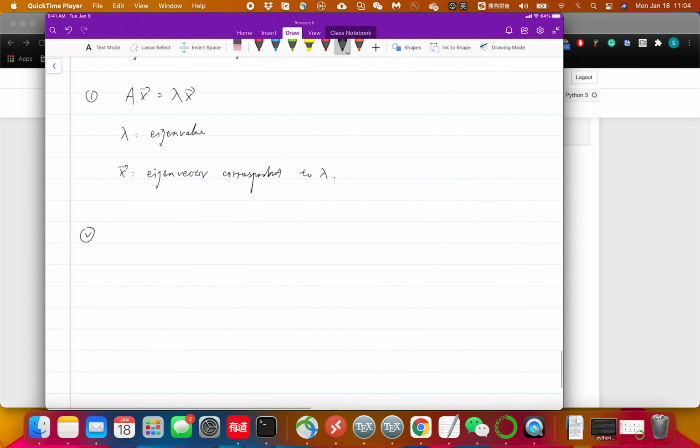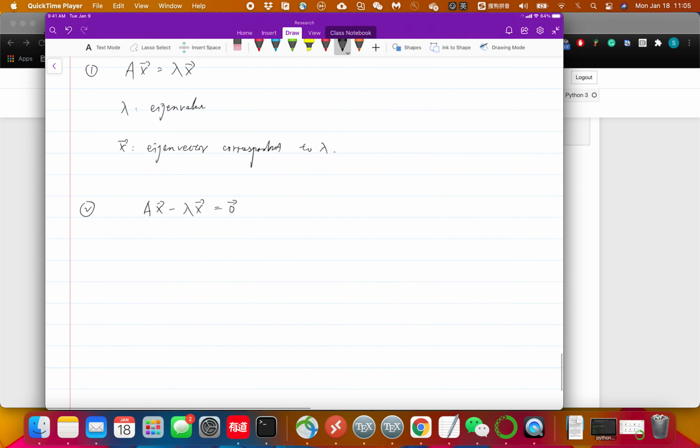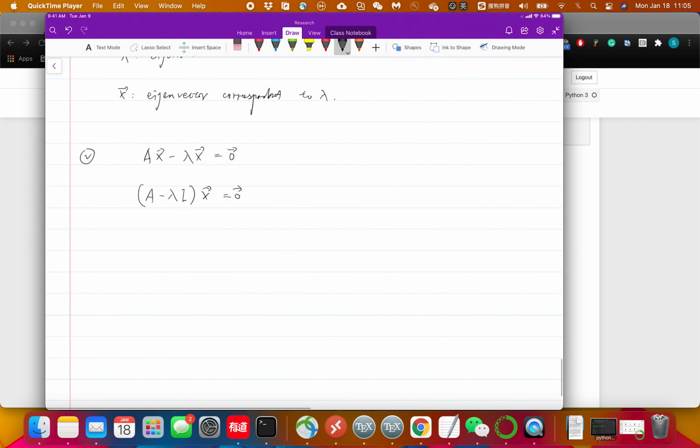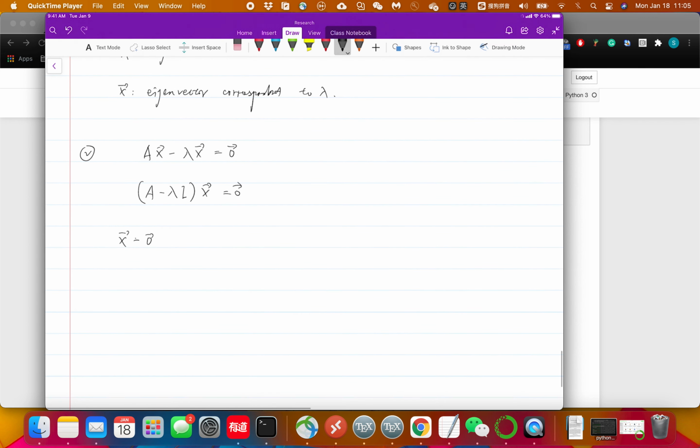Second, how do you do that? What you do is you basically are trying to say lambda x minus Ax, or Ax minus lambda x equals 0, which is (A minus lambda I) x equals 0. And we know this one has a trivial solution, x equal to 0. But now, because you want an eigenvector, you want something other than this.